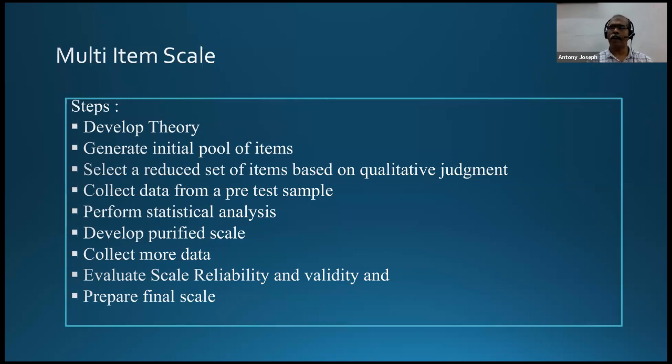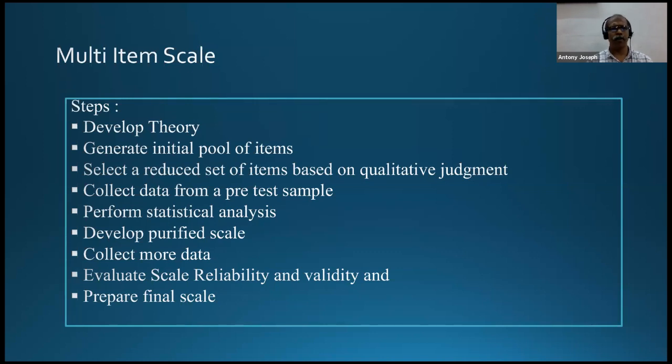An initial pool of items, where items simply refers to statements. First of all, we are to develop a pool of statements which can be used for the measurement of the concept you are proposing. At the first stage, you try to develop as many statements as possible, considering the different features of the topic you are dealing with.